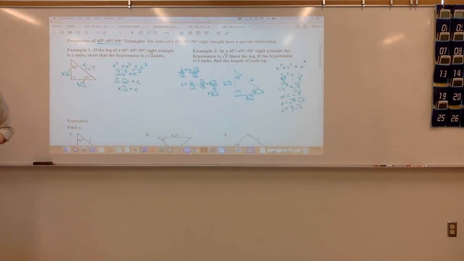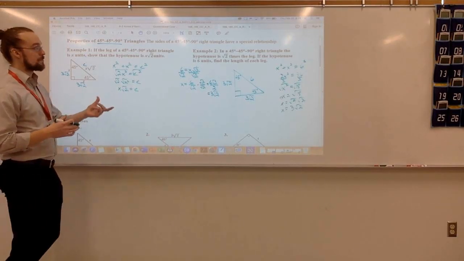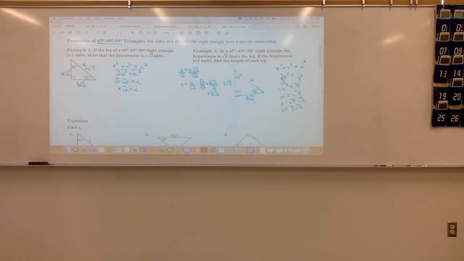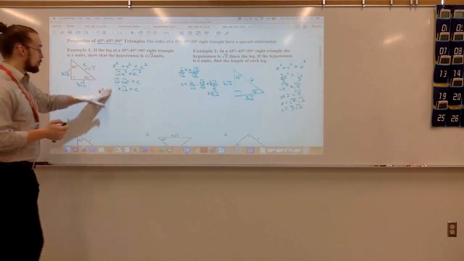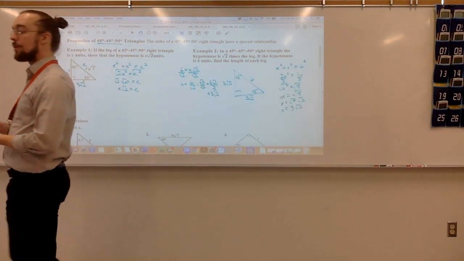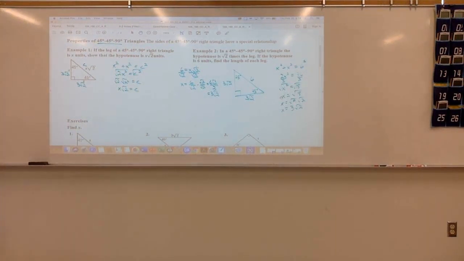Okay. So, for each of these problems, when we're finding a missing side in these triangles, you can always use the Pythagorean theorem. Right? You can always do that. We can always use this idea if we forget this relationship. Okay? But this is going to make these types of problems a lot easier.